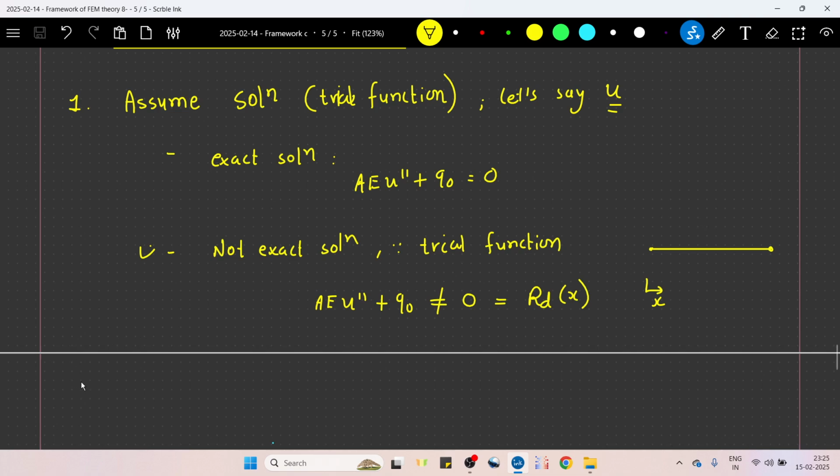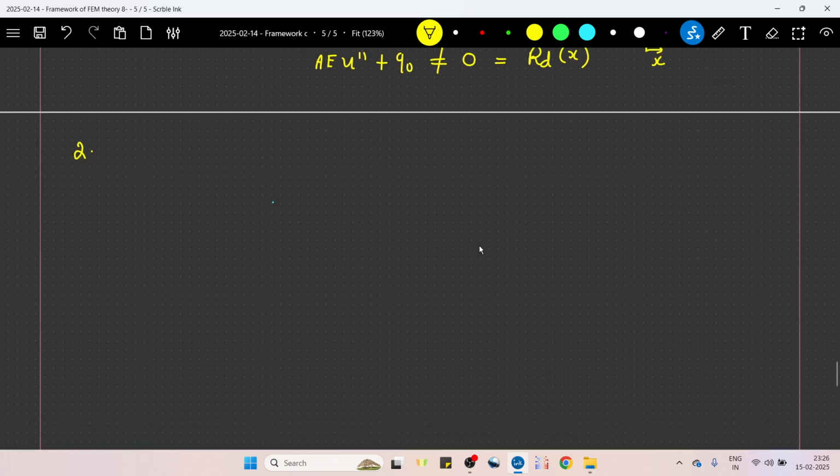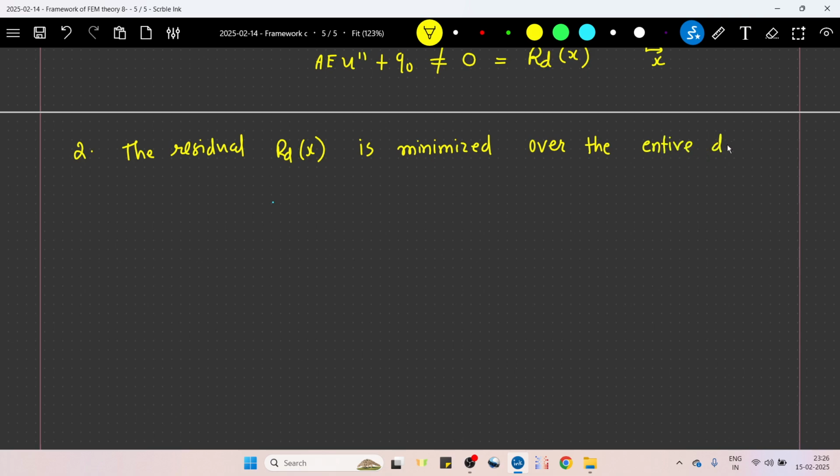This is step one, and step two is: once we get a residual, we say that the residual Rd of x is minimized over the entire domain in a weighted sense. This is highlighting the word weighted sense.